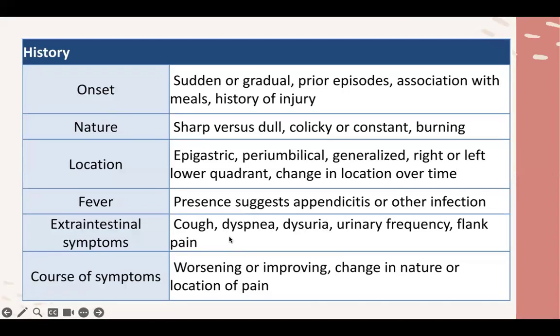Extra-intestinal symptoms can help in the systemic evaluation, systemic involvement, or complications of the intra-abdominal causes. Worsening or improving symptoms: worsening involves further worsening of the underlying cause.